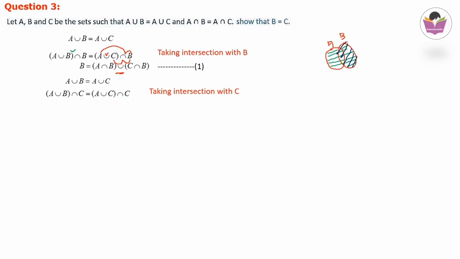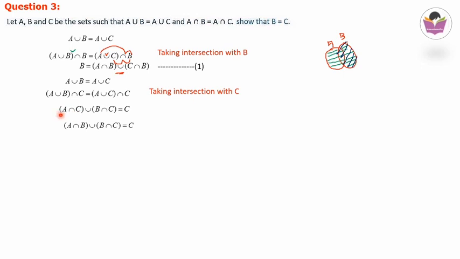Only the left side we have to change. Like this we have to change it: A intersection C union B intersection C. So A intersection C union B intersection C that we have written is equal to, when you check the right side we have already discussed, A union C intersection C, which is clearly C. Then when we rearrange it, A intersection C union B intersection C. Here instead of A intersection C I have written A intersection B because it is given to us that A intersection B and A intersection C are equal.